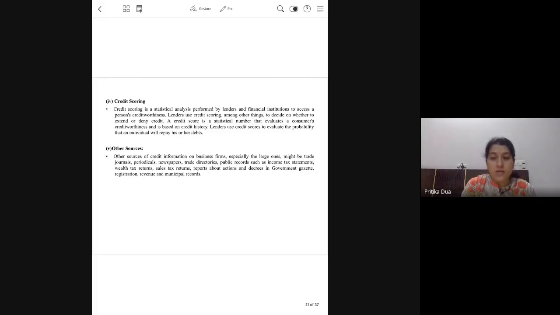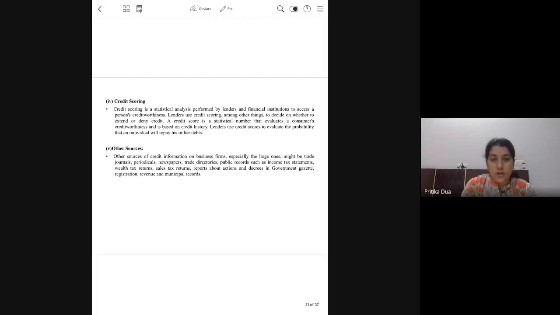The CIBIL score of the customer also tells you how reliable is this customer and whether you can offer him facility of credit sales or not. Other sources for information on the firm can be through newspaper reports, public records, income tax statements, etc.